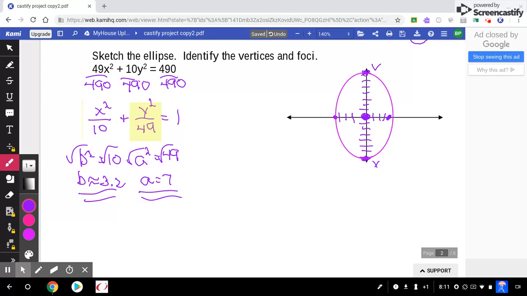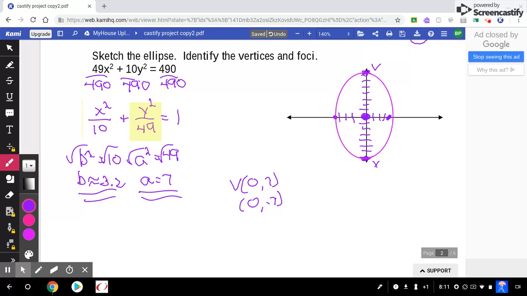We didn't need the foci to do the drawing. However, we certainly could identify the vertices. You already have the coordinates: 7 up, (0, 7), 7 down, (0, -7). So that's your vertices. Now the foci, well, we got a formula for that.